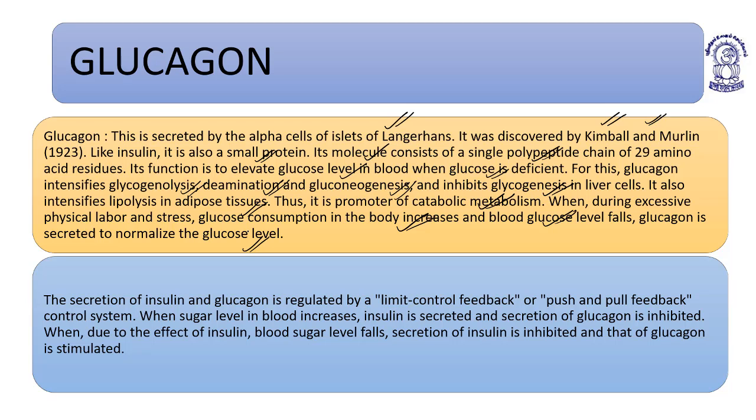So glucagon and insulin are antagonistic to each other. The secretion of insulin and glucagon is regulated by limit control feedback, or push and pull feedback control system. When sugar level in the blood increases, insulin is secreted and secretion of glucagon is inhibited.